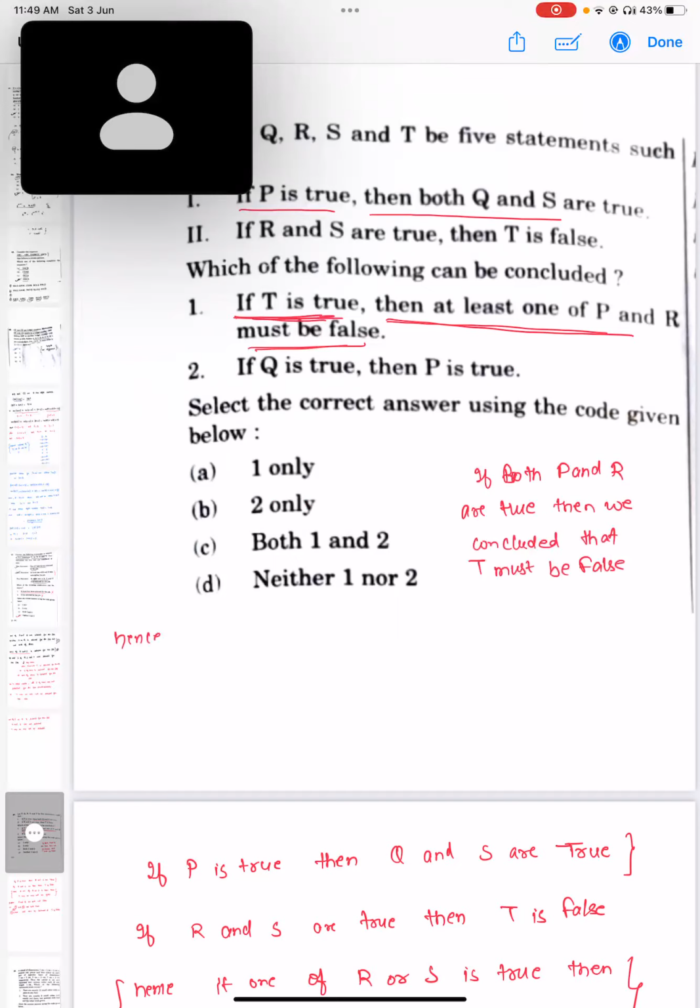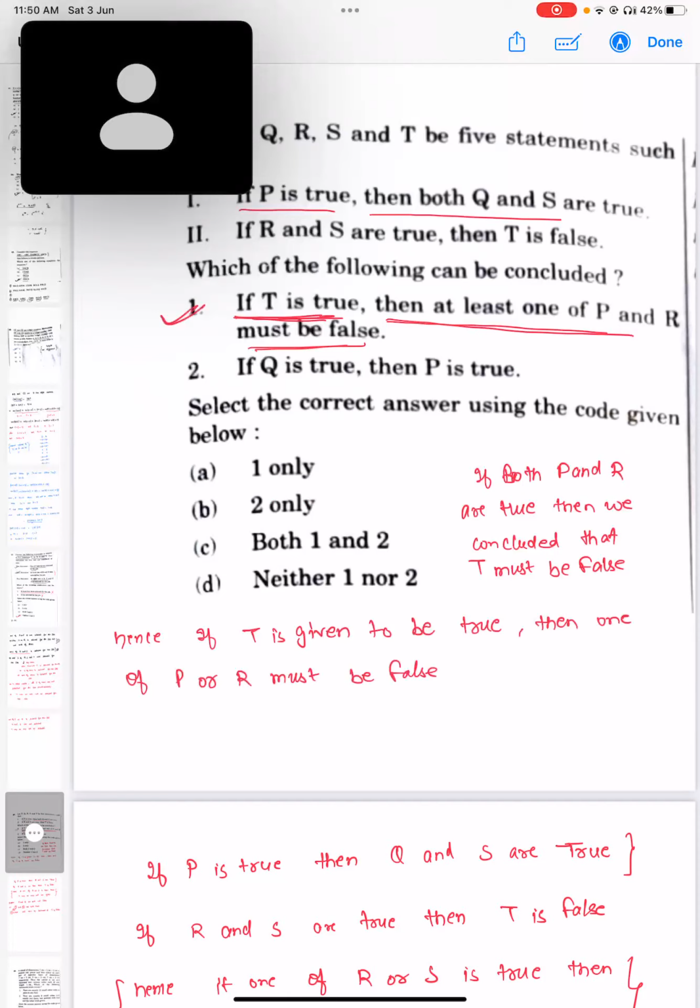Hence, if T is given to be true, then one of P or R must be false. Hence, first statement is correct.